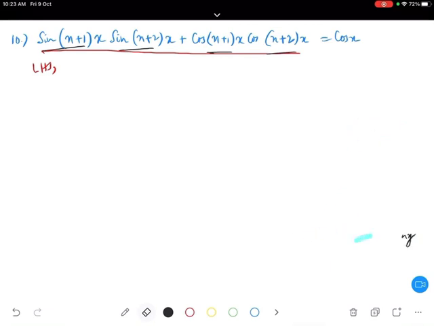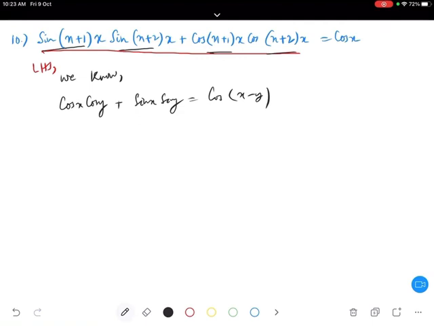So here I will write, we know, what do we know? Basically they have interchanged this one. That's why you are facing confusion. Cos x cos y plus sin x sin y is equal to cos of x minus y. This is the formula, right?